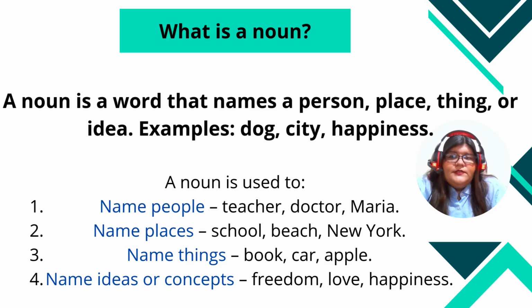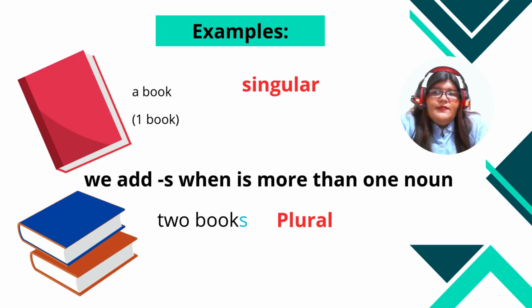Then we have names of places: a school, a beach, a city, New York. Then we have things like a book, a car, an apple, and names of ideas or concepts. For example, freedom, love, and happiness. Now let's look at some examples.